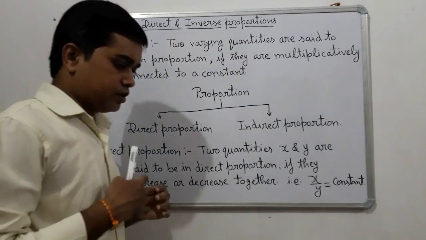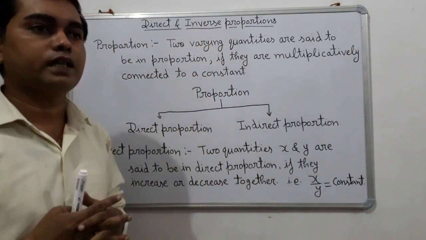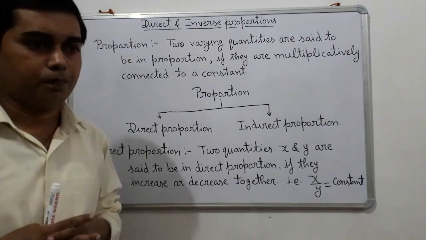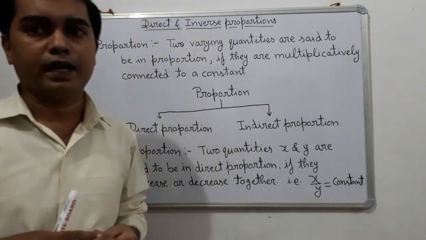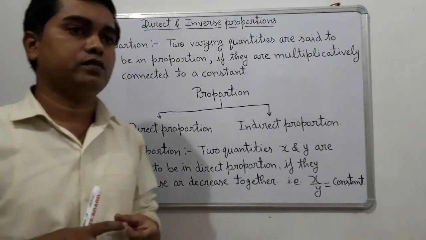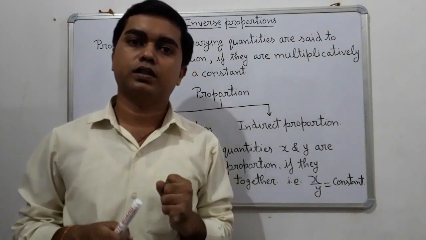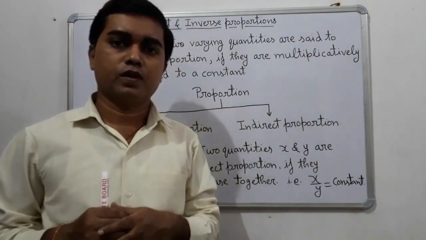Suppose you are going to take 1 kilogram of sugar from any shop, then you are paying rupees 30 for that. And if you are taking 2 kilogram of sugar, then how much will you pay? You will pay 60 rupees.